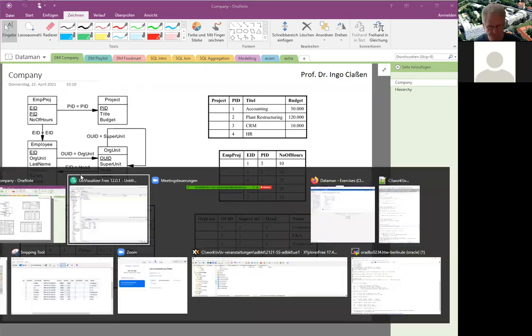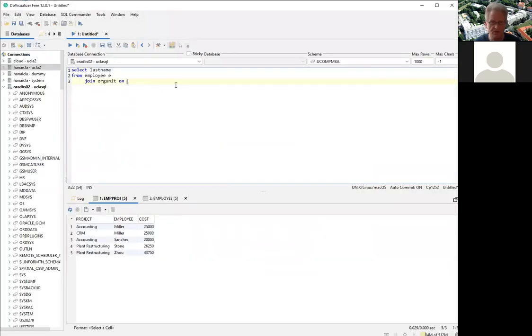So the join condition is on, and let's call it OU here, OU.head should be equal to E.EID, and let's call it E.last name here. So if I do that here, then I get that result here.